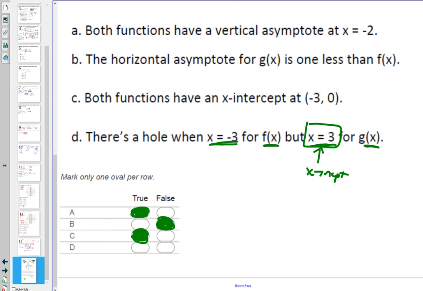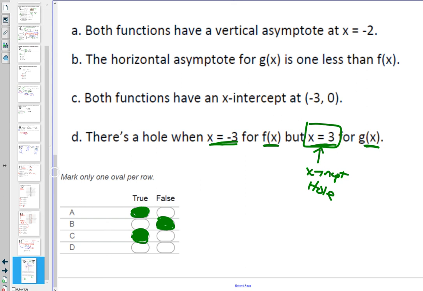Actually, that's the way I read it before, but who knows? That could even be a hole there too, the way it's worded. At the time I made this, I hadn't seen the test. I have seen the test afterwards. Again, I left it in there because I wasn't sure if you would see it on the test. It could be an x-intercept, it could be a hole.